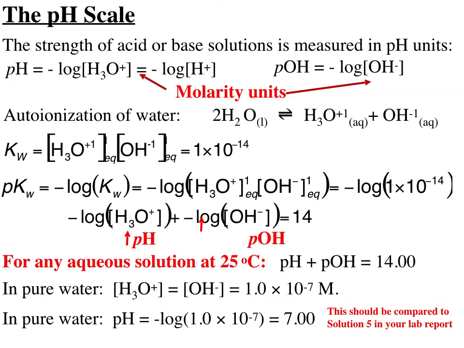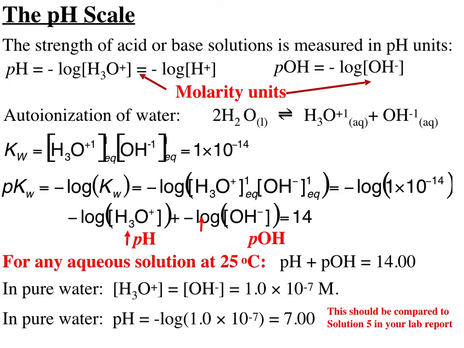As a matter of fact, for every unit of pH you go down, the solution gets 10 times stronger in acid. For every unit in pH that you go up, a solution gets 10 times stronger in base. So a neutral solution is 10 to the minus 7 OH minus and 10 to the minus 7 H3O plus.